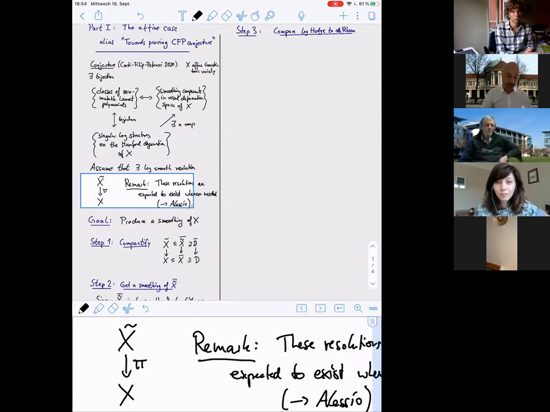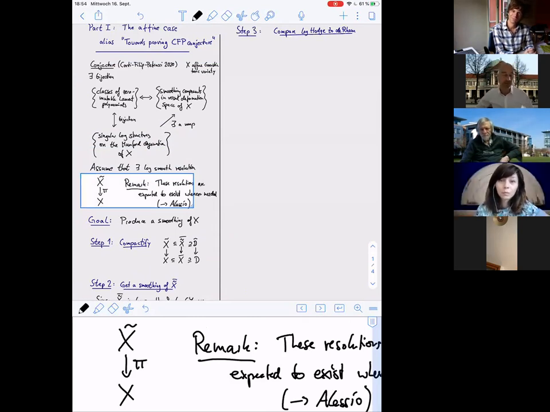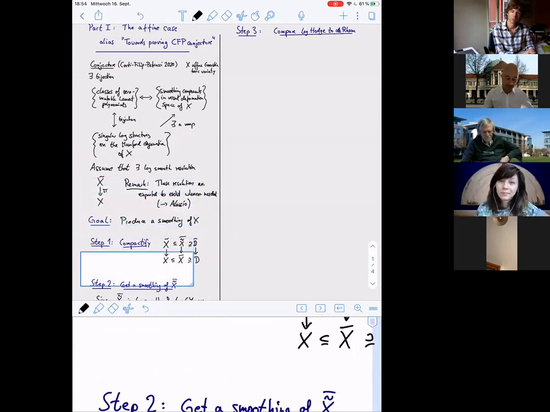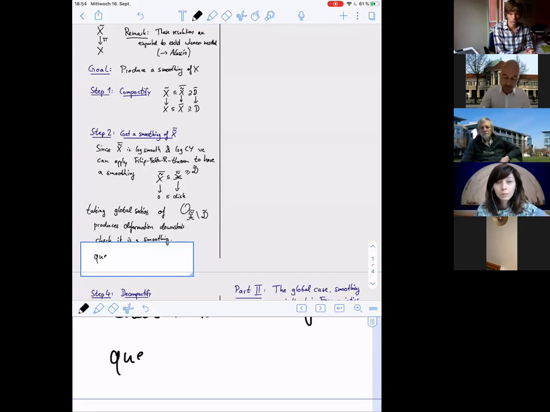Okay, so that's a question. Or even, in fact, with the same resolution, I can study whether there are different smoothings, or whether they are unique in some sense. And we'll find some uniqueness properties indeed. So, a question about uniqueness.